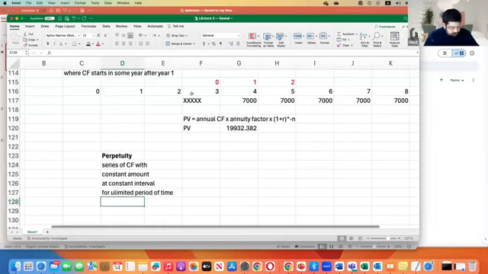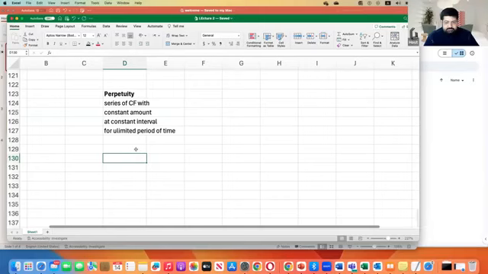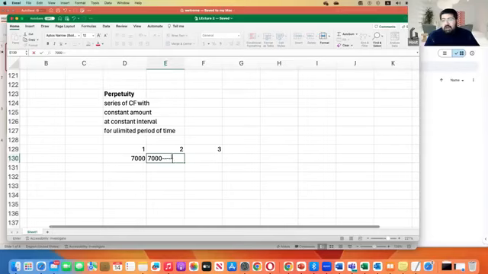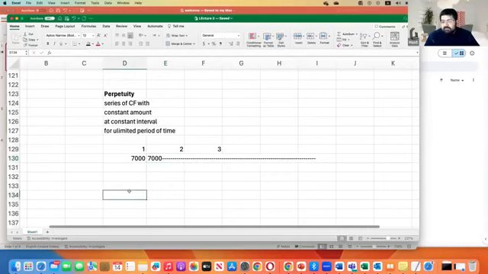Now, the next point. Students, for example, you will be getting 7,000, and in the foreseeable future, you will be getting the same. This is perpetuity.